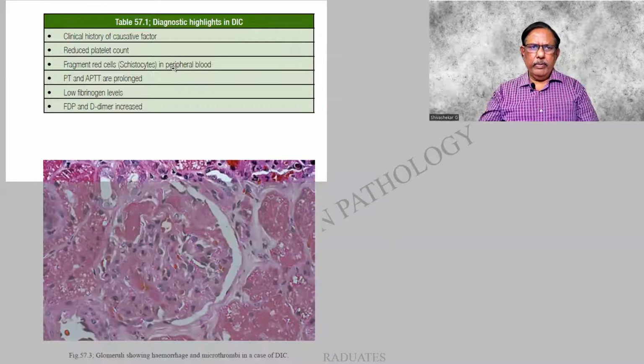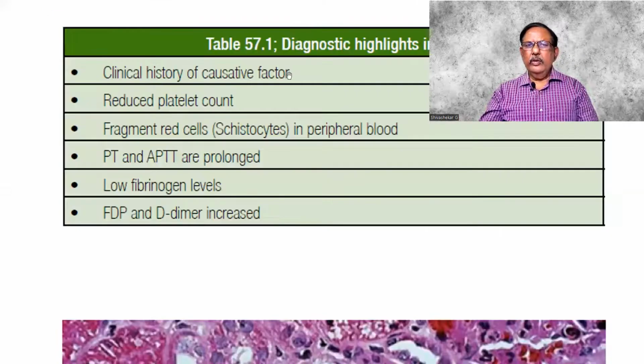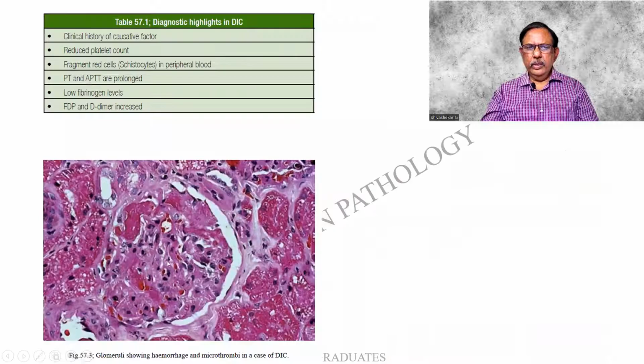I would like you people to kindly see this one. You'll have to look for the clinical history. Platelets will be reduced. RBCs will be fragmented. PT and APTT are prolonged. Low fibrinogen levels. And these tests will be positive: FDP and D-dimer. And this is a glomerulus, the kidney, in which I'm finding thrombi leading to necrosis.